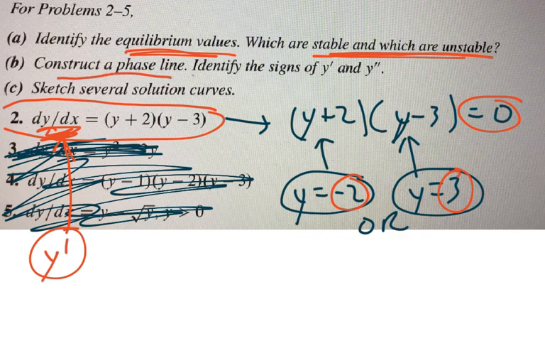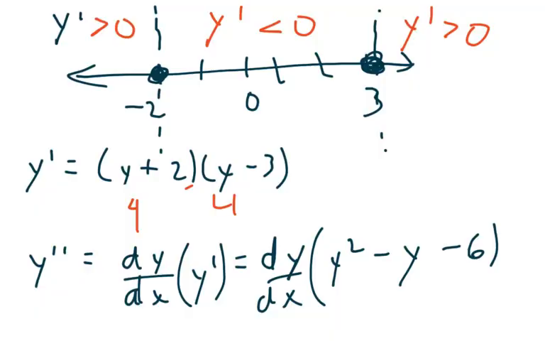And then we're going to construct the phase line and identify what y prime and double prime is doing. And then we're supposed to sketch several solution curves, which is going to be kind of guessing, but I think we'll do a decent job on it. So here's the deal. I already did a lot of the legwork here.